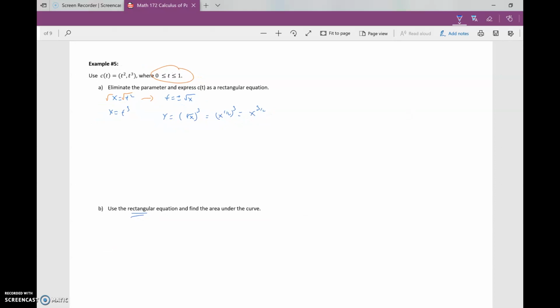Since they're asking for under the curve, it's just going to be the positive value, so your y value is just x to the 3/2.